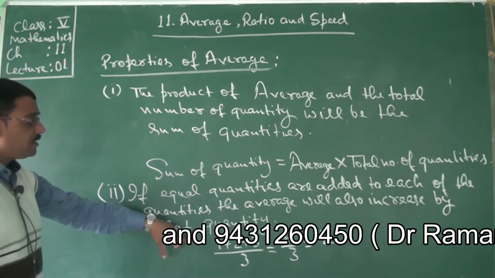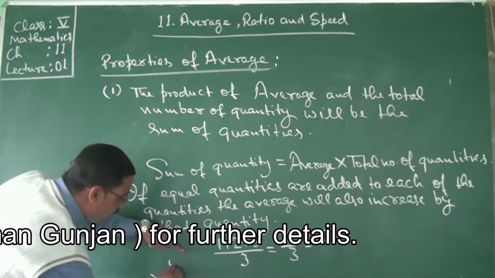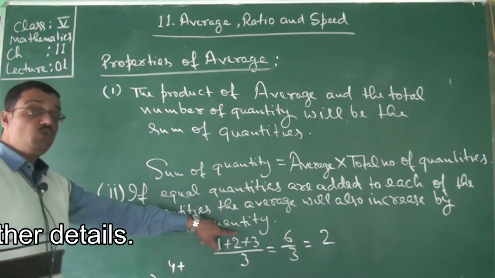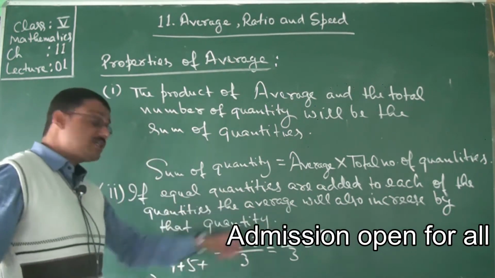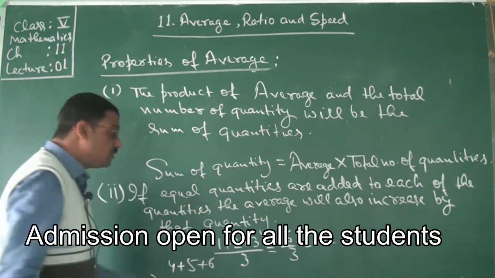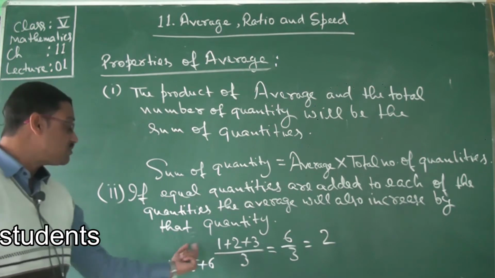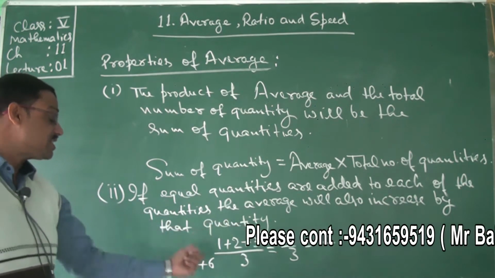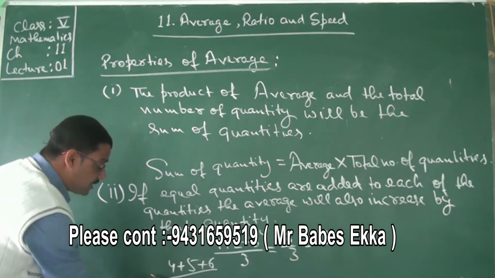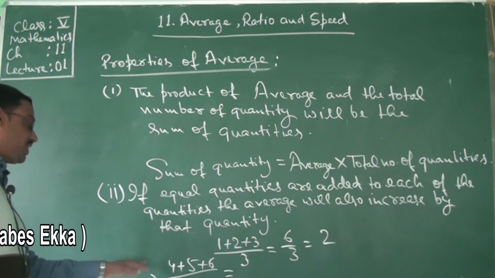Say 1 increased by 3 is 4, 2 increased by 3 is 5, and 3 increased by 3 is 6. Divide by 3 because there are only 3 numbers. See what result we get here.